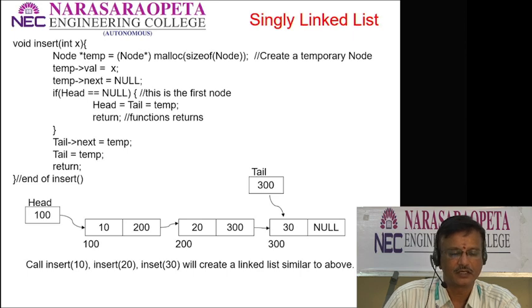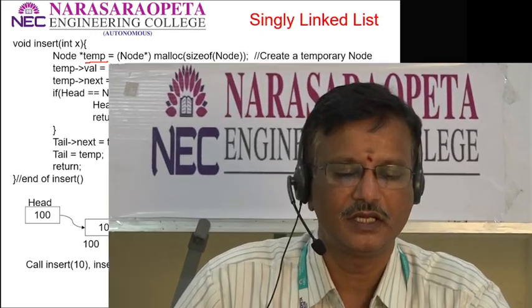Here I am creating a temporary node, temp. For the insert function, we need to pass an element that I want to manage, and here I am assuming an integer. Just like in a phone contacts application, an element represents the contact details of a person.